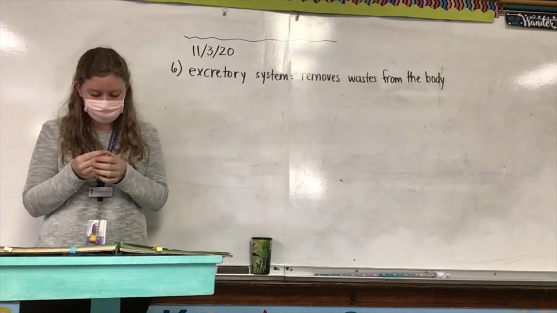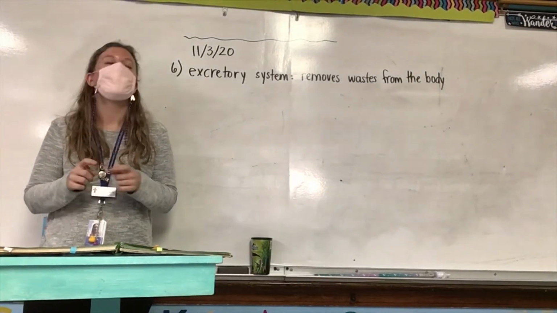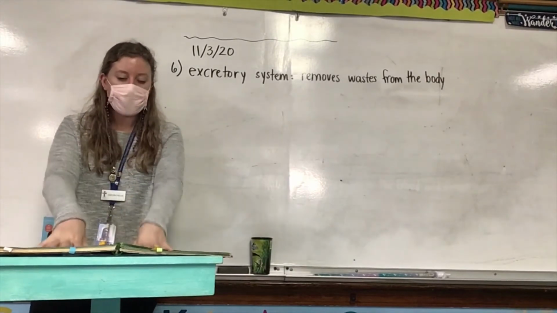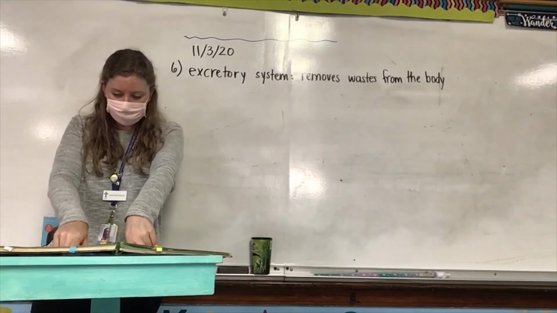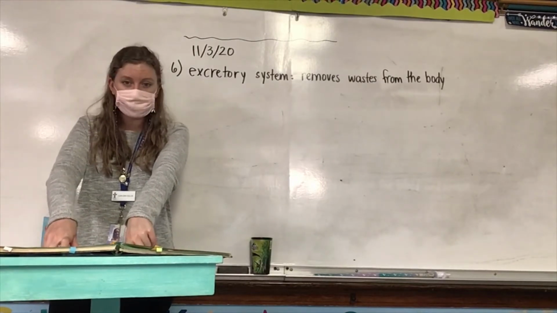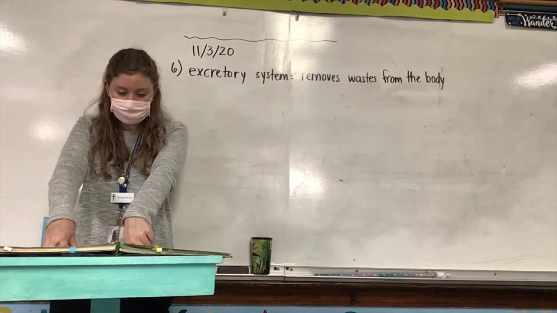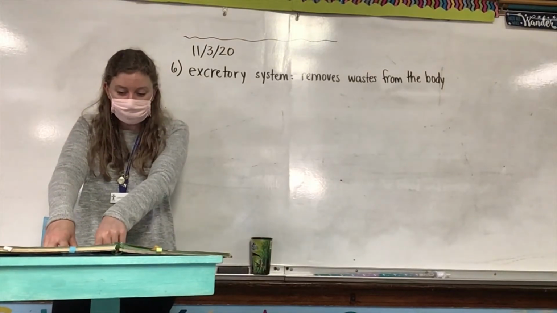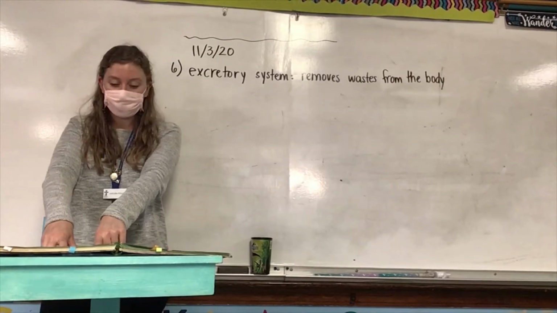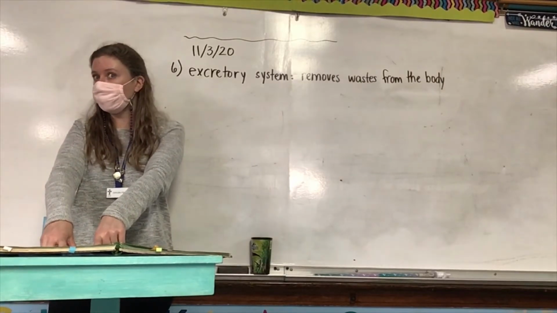Carla. Get rid of wastes. So everything we've read on page 102 and 103 helps to carry out the basic life function, getting rid of wastes. The circulatory system also helped with the life function of using food to get energy.